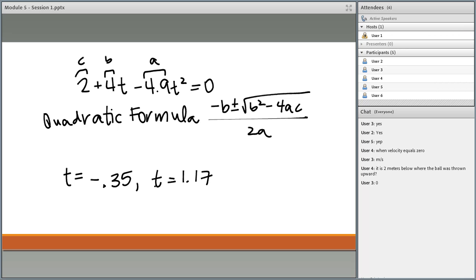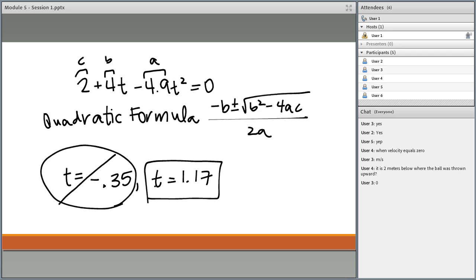So that eliminates one of our answers. Okay, so that means that it takes the ball 1.17, and since we're in meters per second, that was all of the information we were given, since it's a time, it takes 1.17 seconds for the ball to hit the ground.